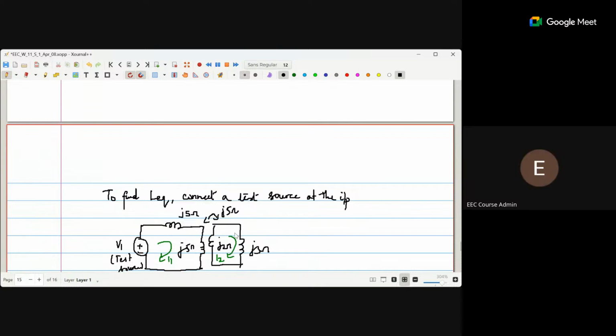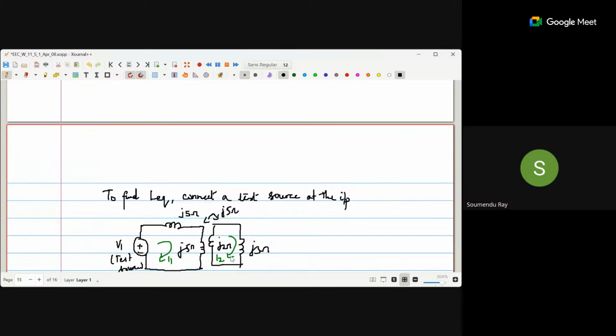If both the dots were above, then I2 would have been entering the 2 Henry, right? That means the anti-clockwise direction for the mesh current I2, as has been given in the lecture.